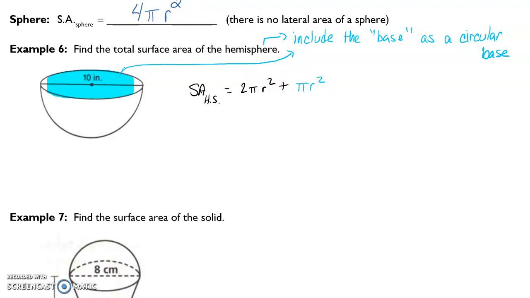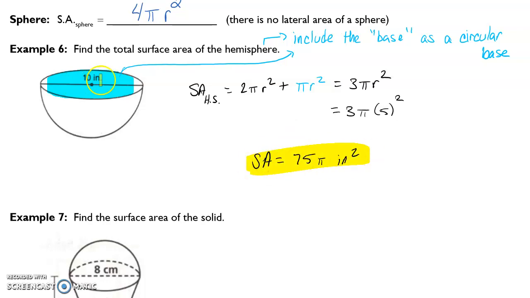So as long as it's a hemisphere on its own, just isolated, it becomes 3 pi r squared. In this case, our radius is 5, so we have 3 pi times 5 squared. We get a surface area of 75 pi inches squared.